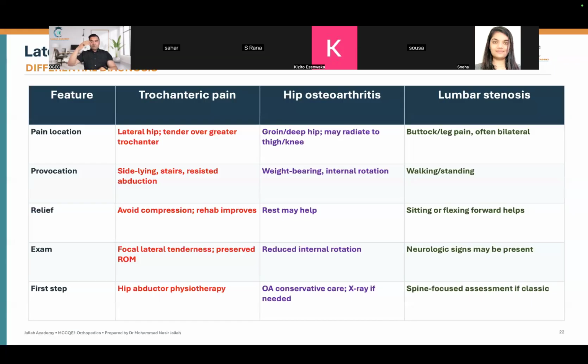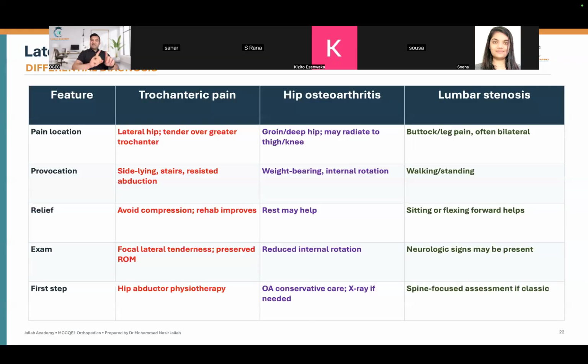Picture what happens when you're walking downstairs. Unconsciously, to hold your balance, you extend your back so as not to fall down, right? So if you extend your back, the pain worsens.